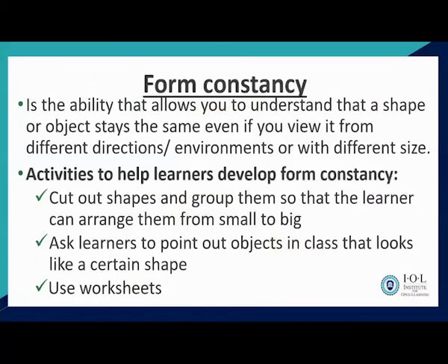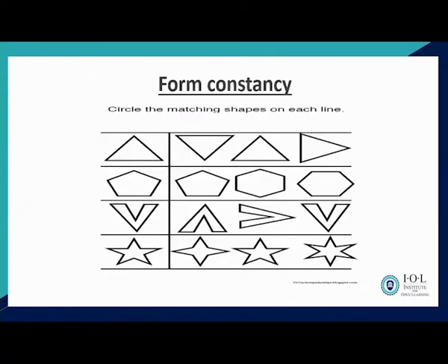And then obviously I can make use of worksheets, like the one that I have there. The worksheet says, circle the matching shape on each line. So the learner will find the matching shape in each line and circle the correct one.